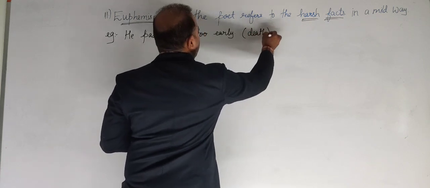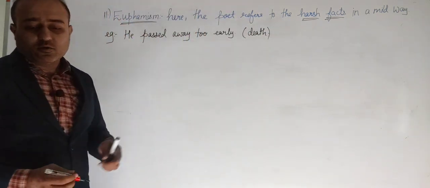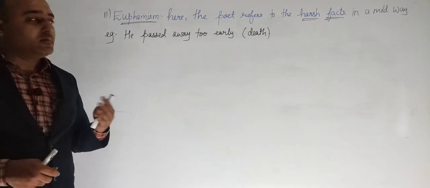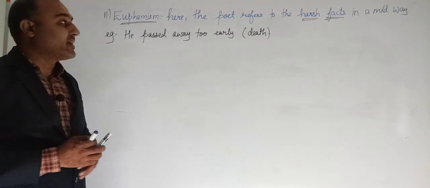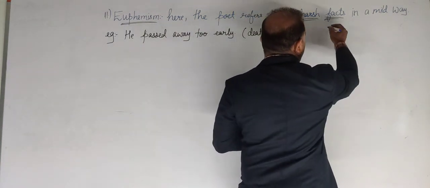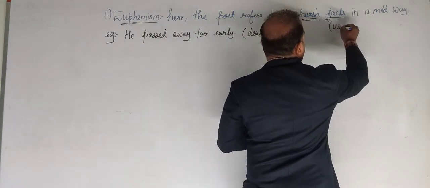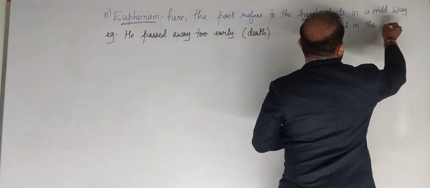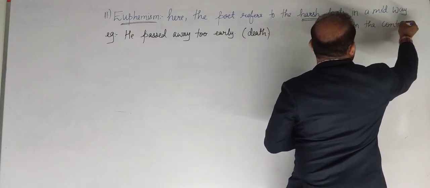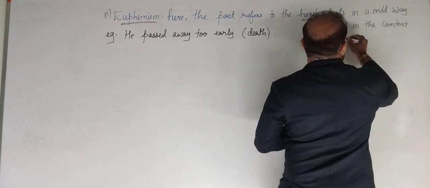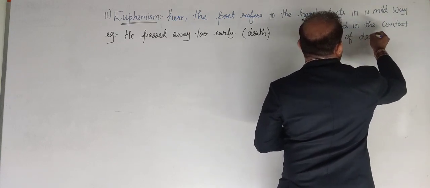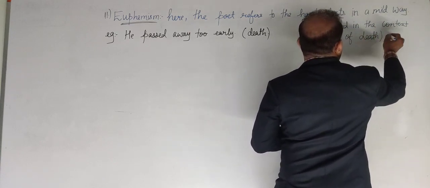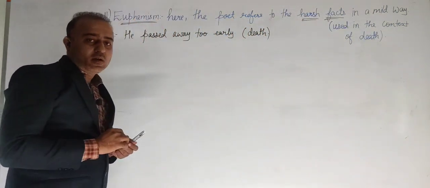So this figure of speech is usually used in the context of death. So I will write down over here in the bracket also, used in the context of death. So euphemism is a figure of speech which is used in the context of death.